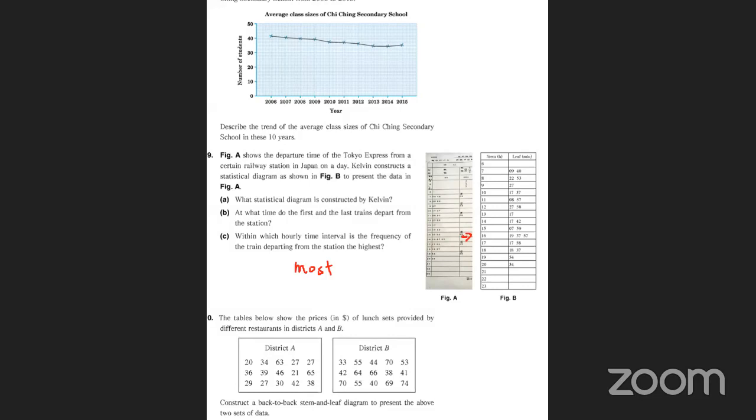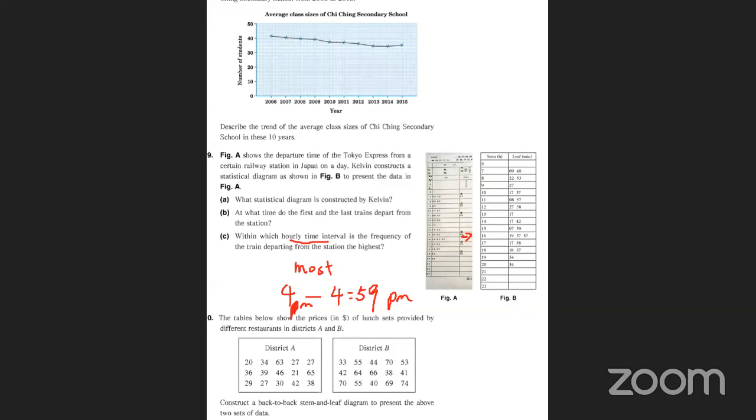Therefore, this is 4 p.m., right? Therefore, when we write the hourly interval, we write starting from 4 o'clock and then to 4:59 p.m. Don't write 5 here, because 5 p.m. will start the next interval.